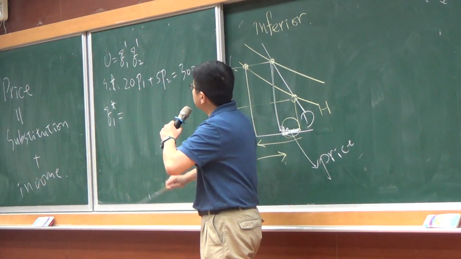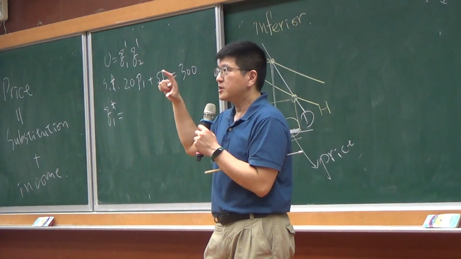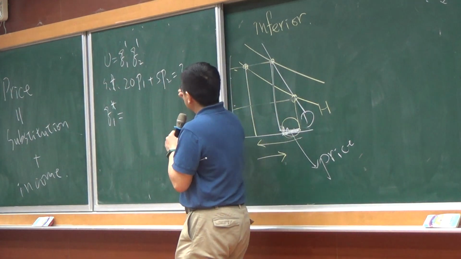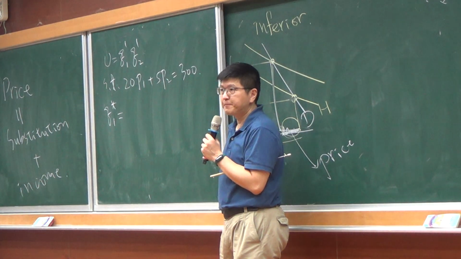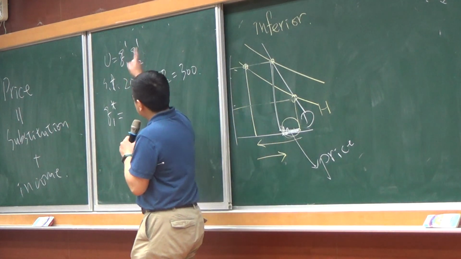So you remember alpha to beta is actually the relative share, the proportion of the total income. So it's the expenditure 1 to 1.